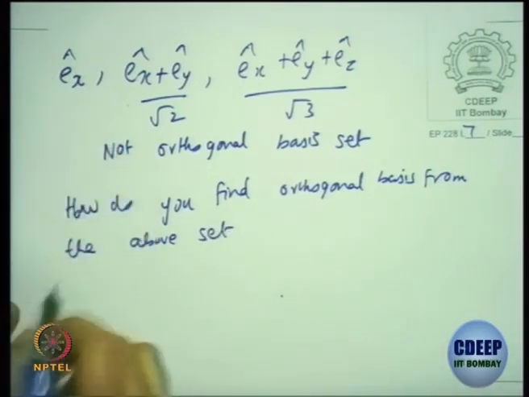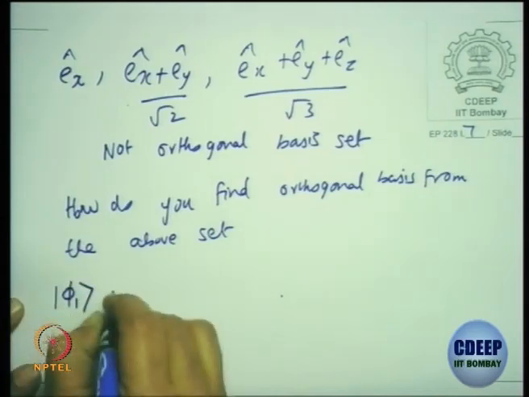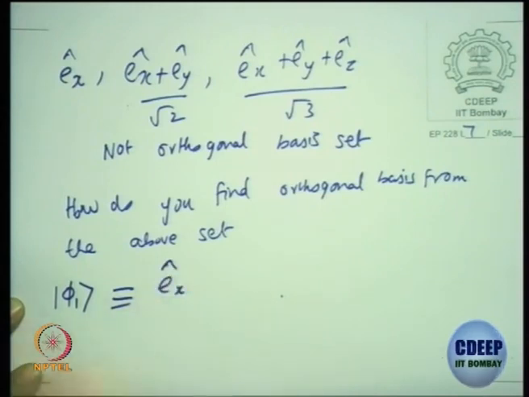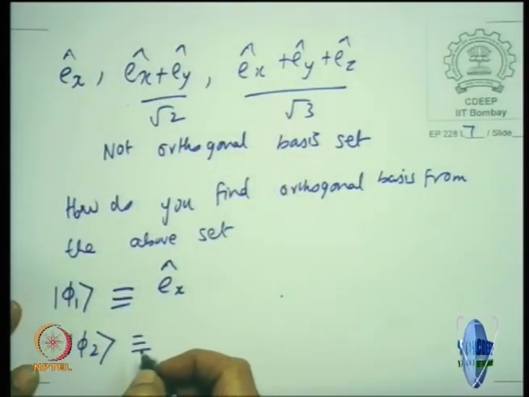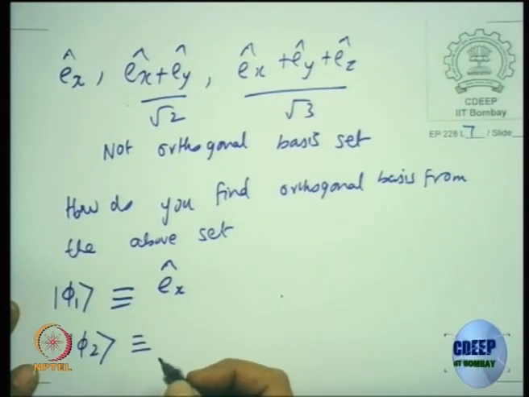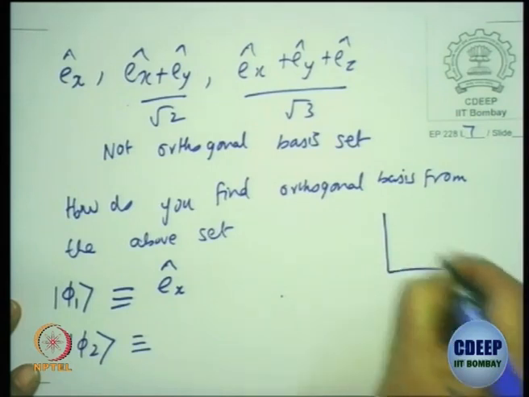You first define your first state phi 1 to be equivalent to Ex, and then how do you find phi 2? You take the second state and then subtract out the projection.